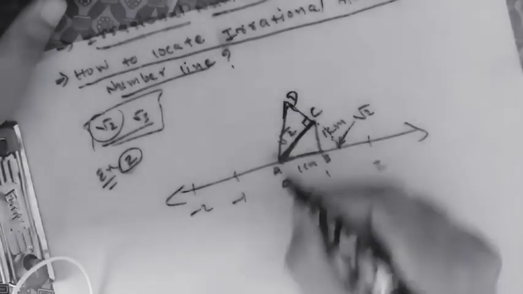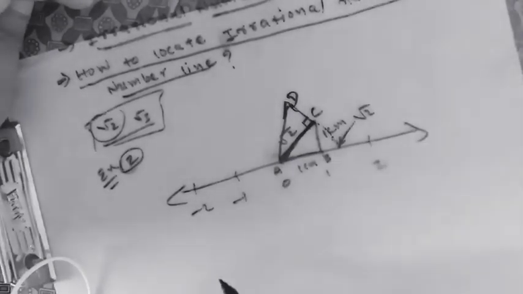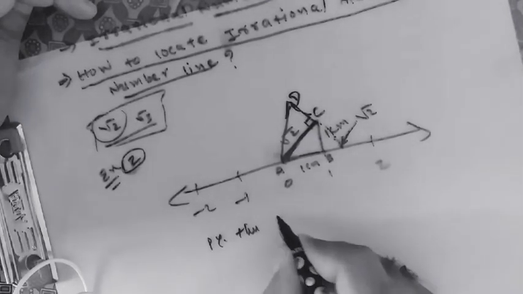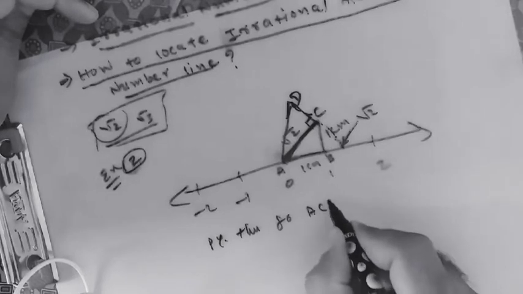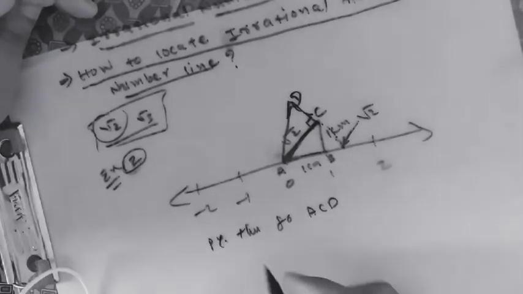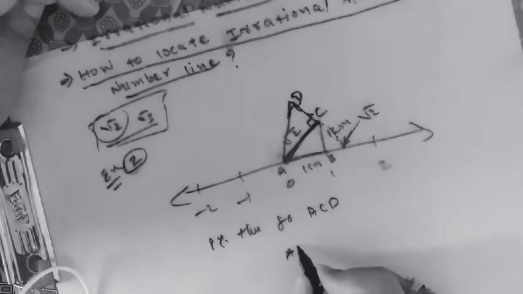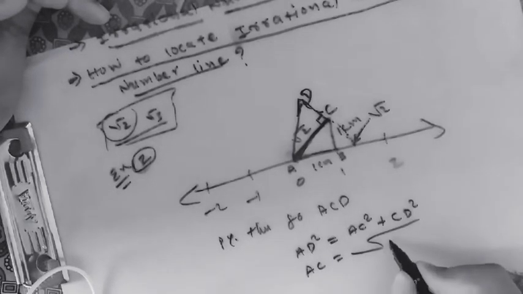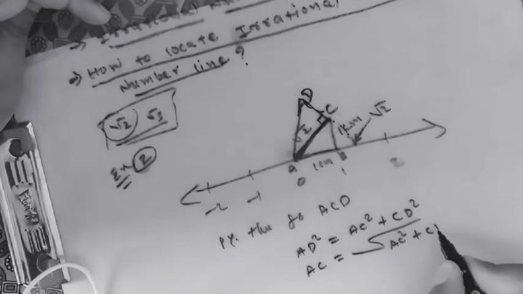Okay, AD. So again from Pythagoras theorem, for this triangle, Pythagoras theorem for ACD, we have AD square is equal to AC square plus CD square. Now AD is equal to under root AC square plus CD square.